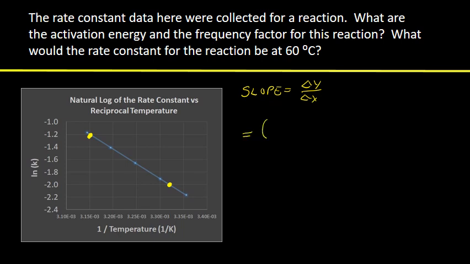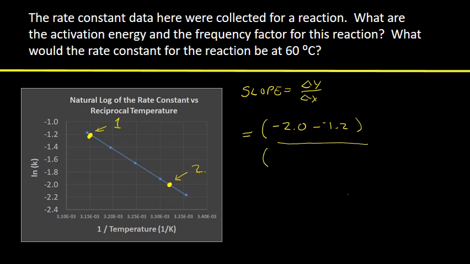So if we look at the y values, I'll take this as 0.2, and this is 0.1. All right. So our y value, we've got negative 2.0 minus negative 1.2, so that's going to be plus 1.2.